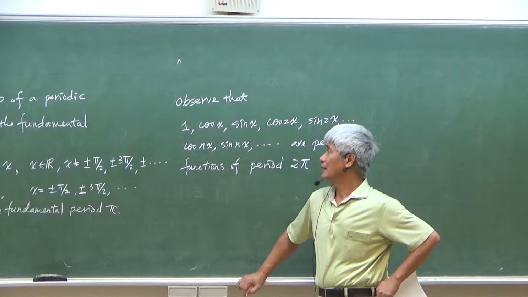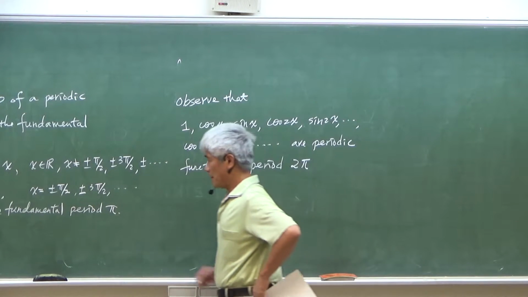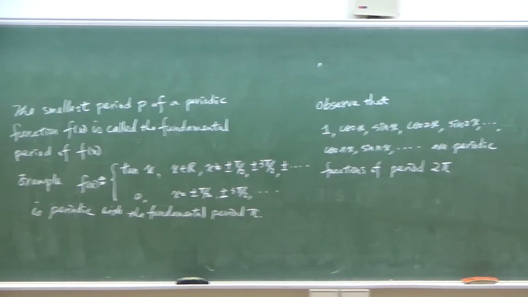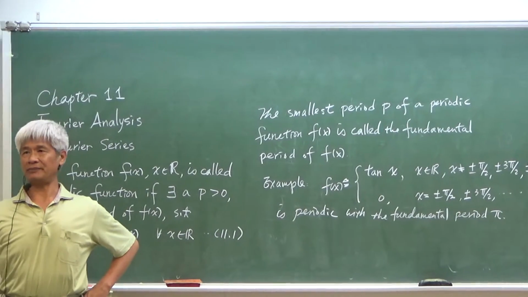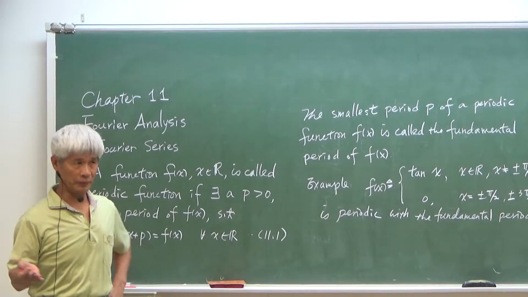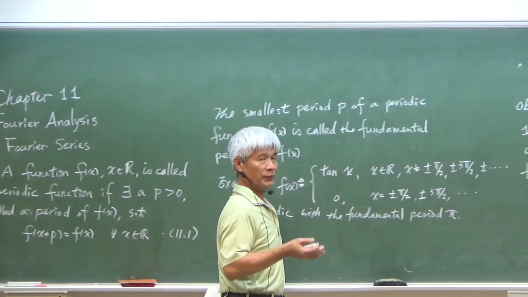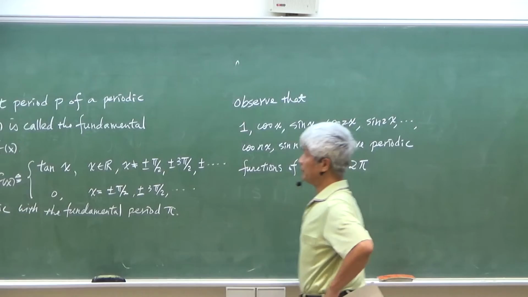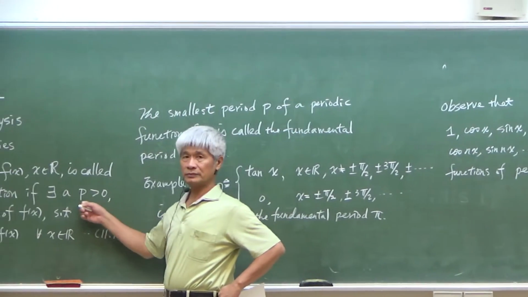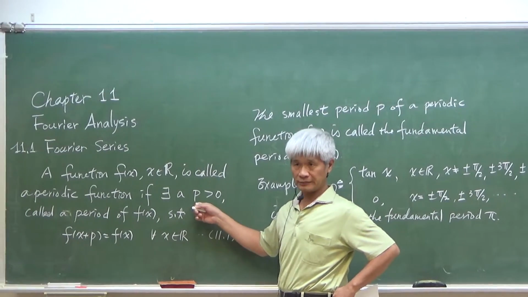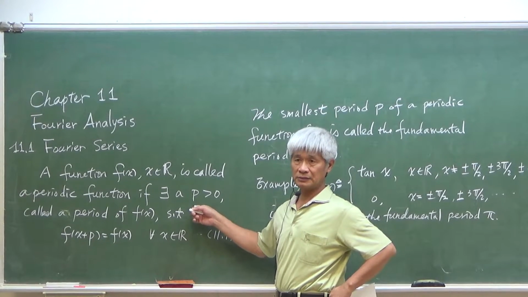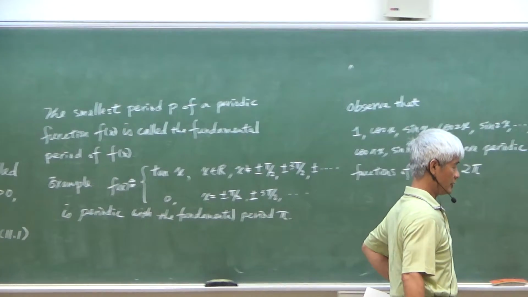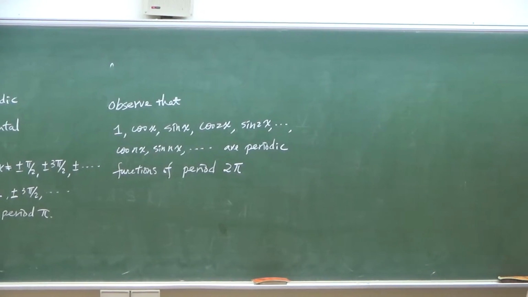But a better description is that a constant function has period which is any positive number. That would be a correct description, because when we define period, we ask the period to be positive in all definitions. So the constant function is a very special kind of periodic function.